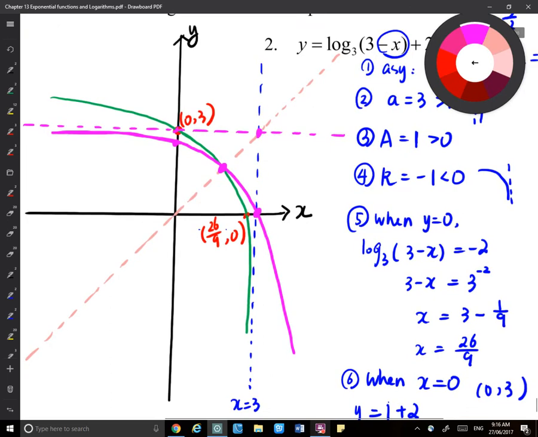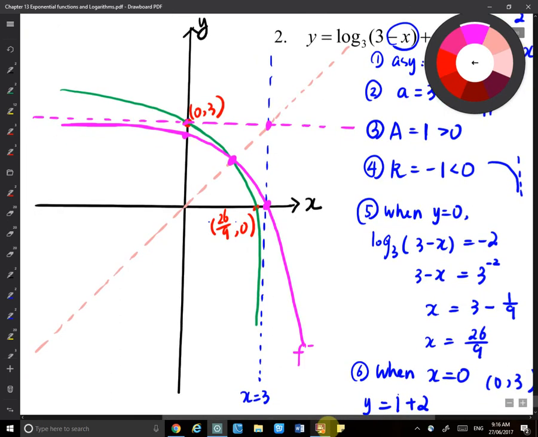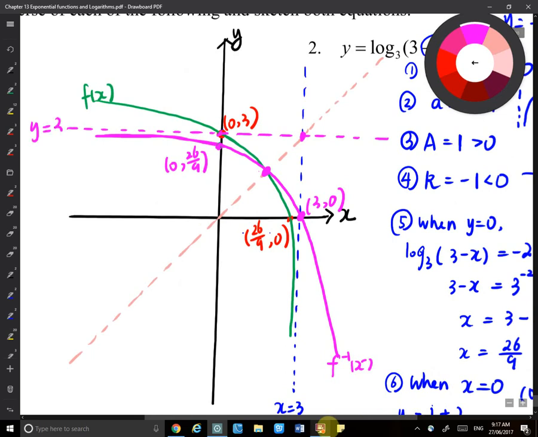Okay, the pink one is the inverse, f inverse x, and the green one is f(x). And I need to label the points. Here is (0, 26/9). I don't know what that point is, but I can calculate. This point is (3, 0). And this pink line will be y equals 3.